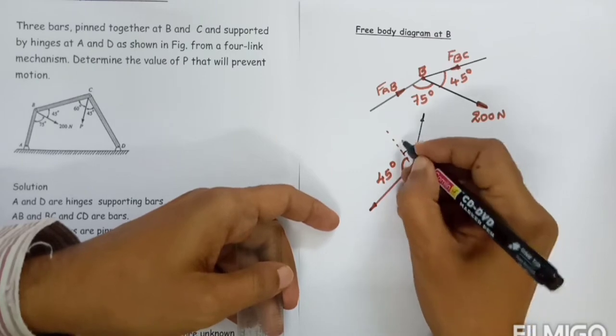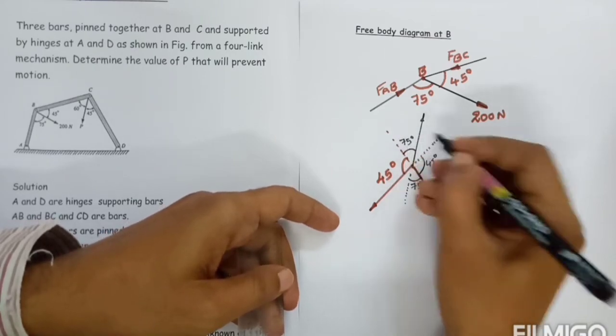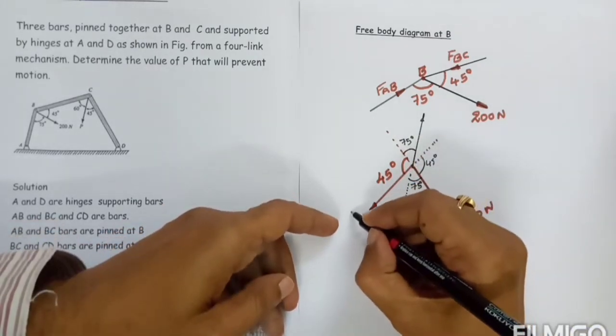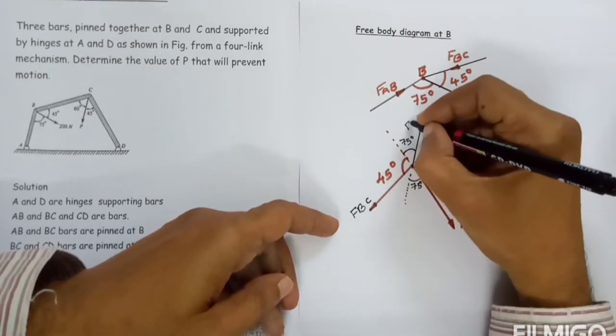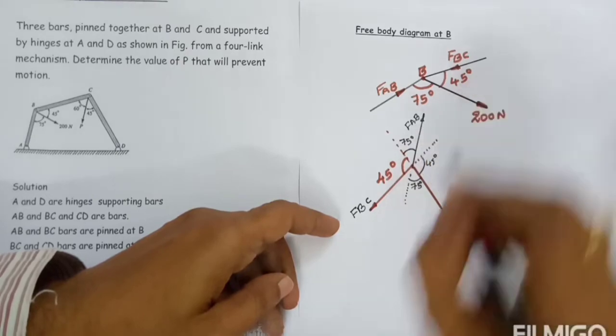Even this one is also 75 degrees. This is FBC and this is FAB.